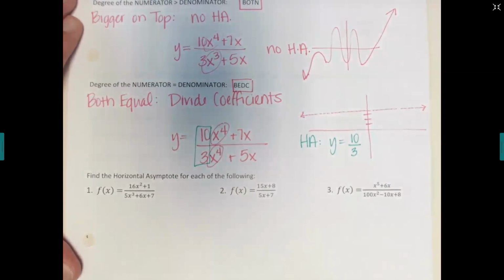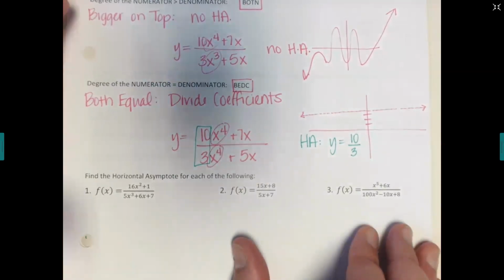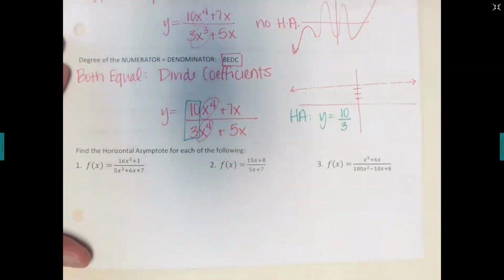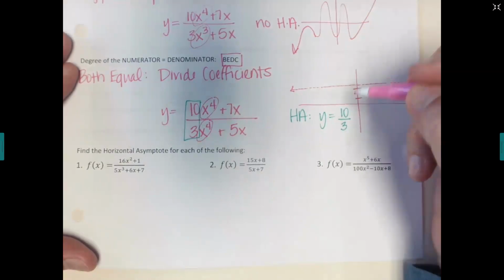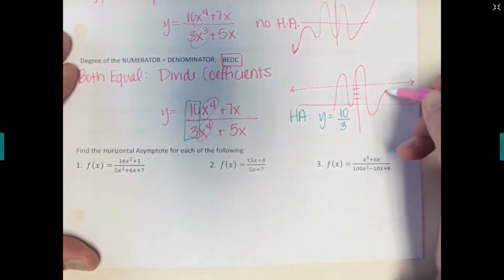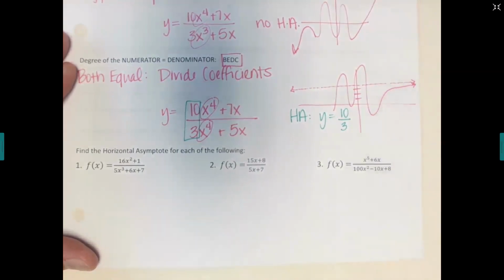Okay, remember, I have no idea what happens in the middle of the graph. The only thing the horizontal asymptote tells you is that at the ends of the graph, it's going to be flattening out towards that line. So I'm going to do the same kind of crazy shape in the middle. But then on the ends, it's going to start approaching that asymptote.